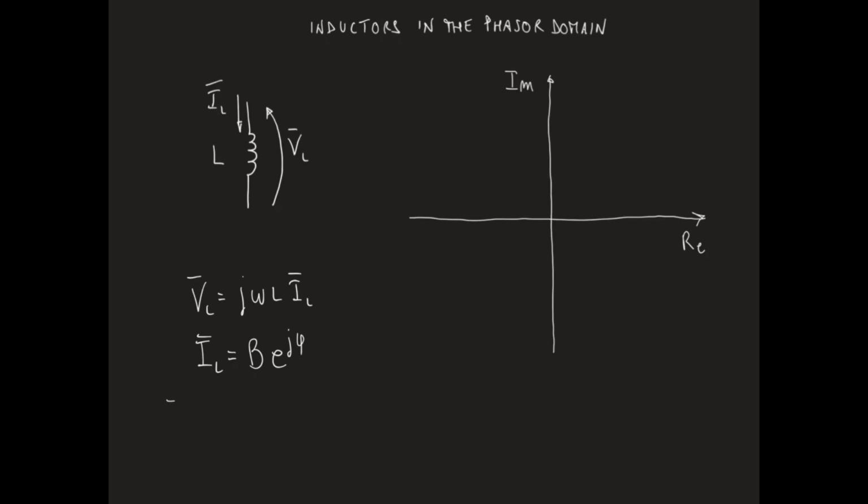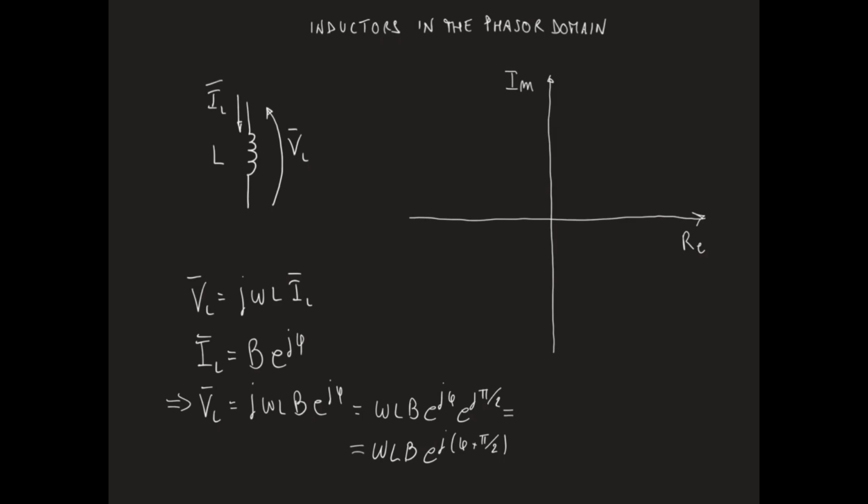Then the voltage phasor VL bar will be given by j omega L B times e to the j phi, or omega L B times e to the j phi times e to the j pi by 2, or eventually omega L B times e to the j phi plus pi by 2.